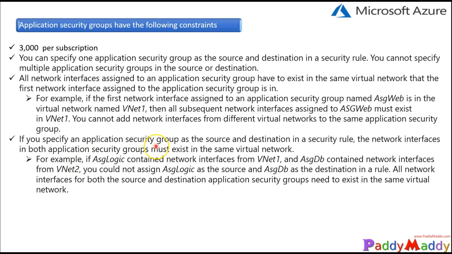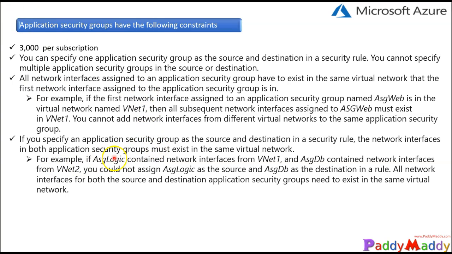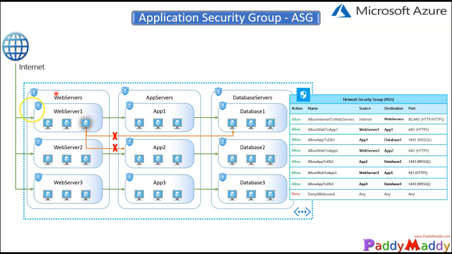And coming back to the other bullet point, this ASG is applicable within the same VNet. Let's say you have more than one VNet. In that situation, you cannot assign this ASG across different VNets. So all these groups of servers should be on the same VNet.